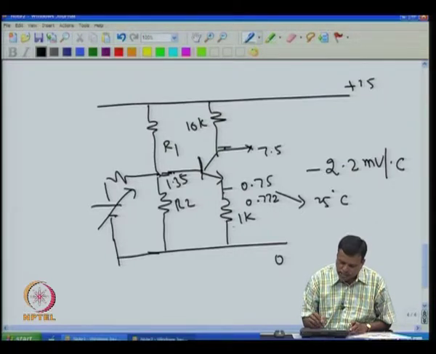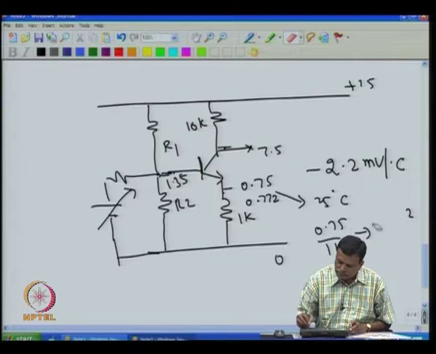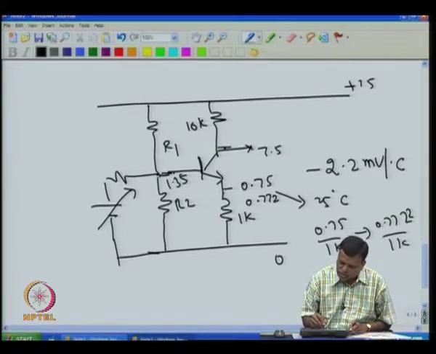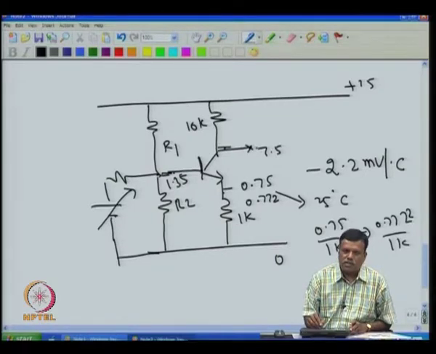That means the current in this will increase. Original current was 0.75 by 1 K, now the current has become 0.772 by 1 K. So, once this voltage increases, this current also increases, that also increases this current, then this voltage decreases.